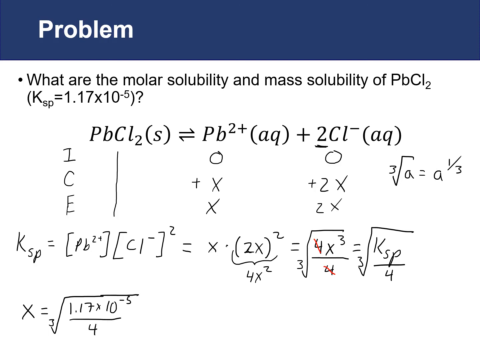If you plug this into your calculator, you will get 0.014301 molar. In terms of significant figures, our K value has 3, so our value here will have 3. So essentially our X is equal to 0.0143 molar.